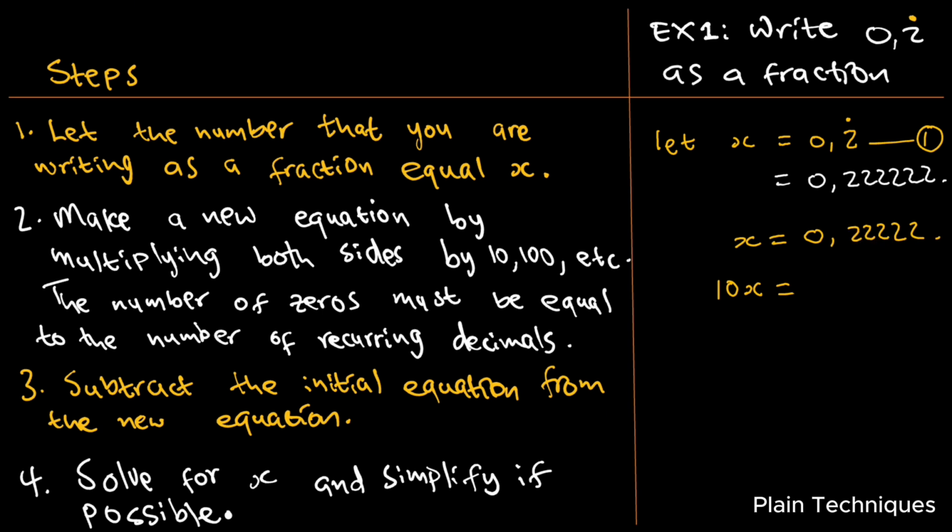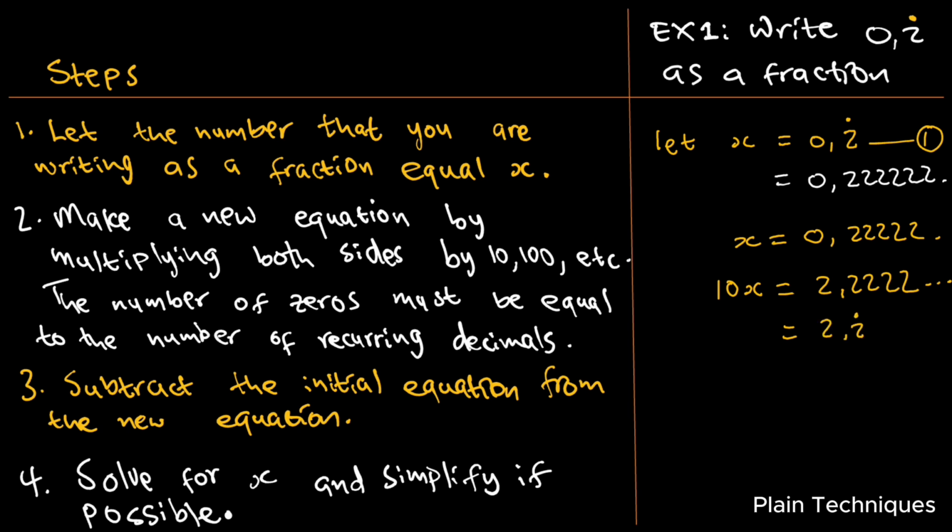Okay, so that will translate as 2.22222, etc. Right, so this can also be written as 2 with a dot. I can replace the whole 2.2222 with 2.2 and put a dot, right? This is what I mean by that.